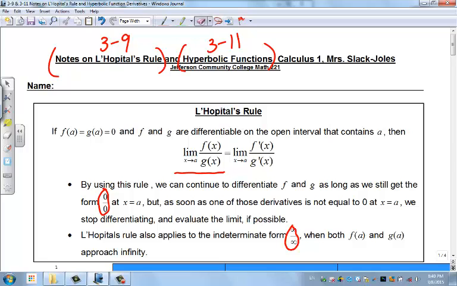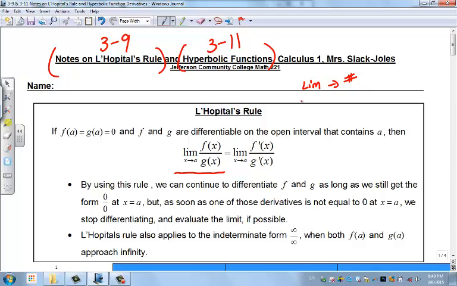Because any other time you're going to figure out what the limit is, right? The things that can happen with a limit: you can have it just approach a number to begin with.